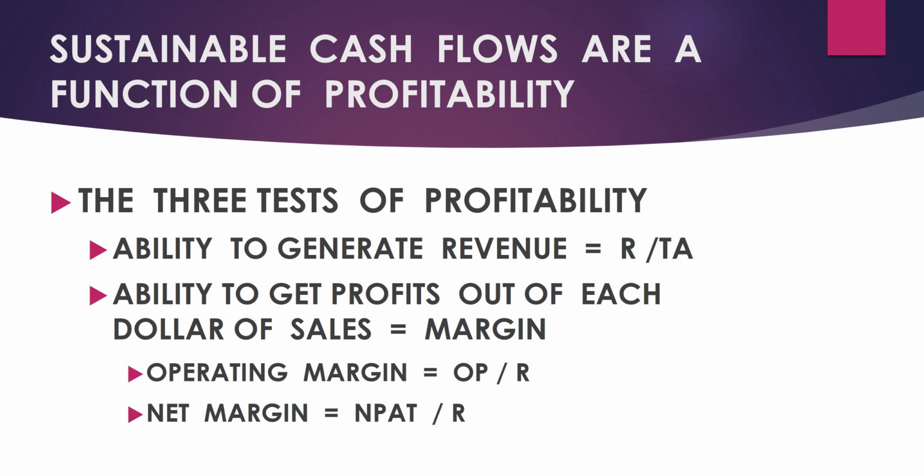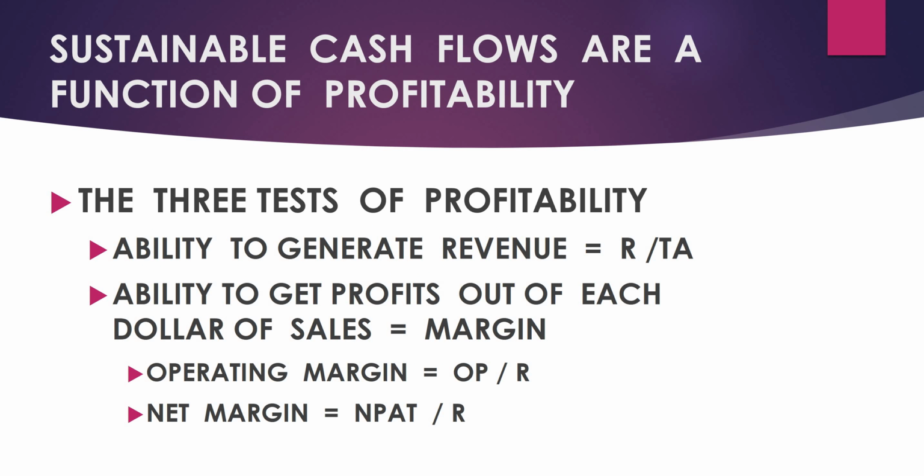One is to find out how much profit is made for every dollar of sales, that is ability to generate revenue, where we take revenue over total assets. And the other one is the ability to generate profits for every dollar invested in the business. So that would be profits over total assets.